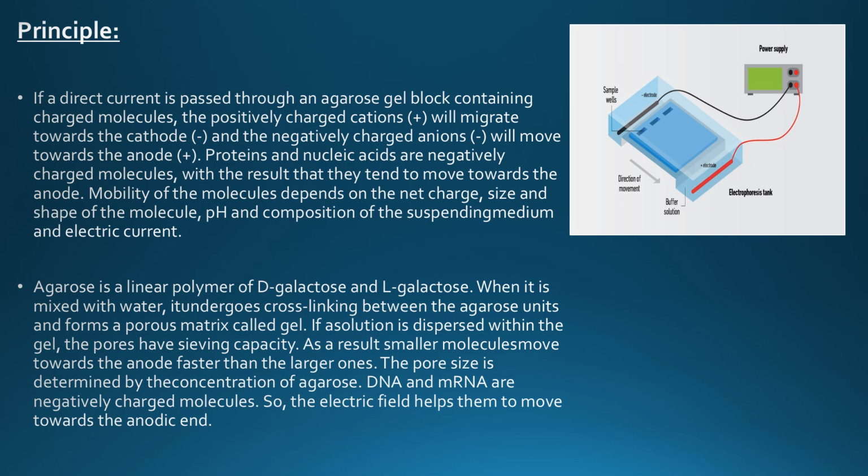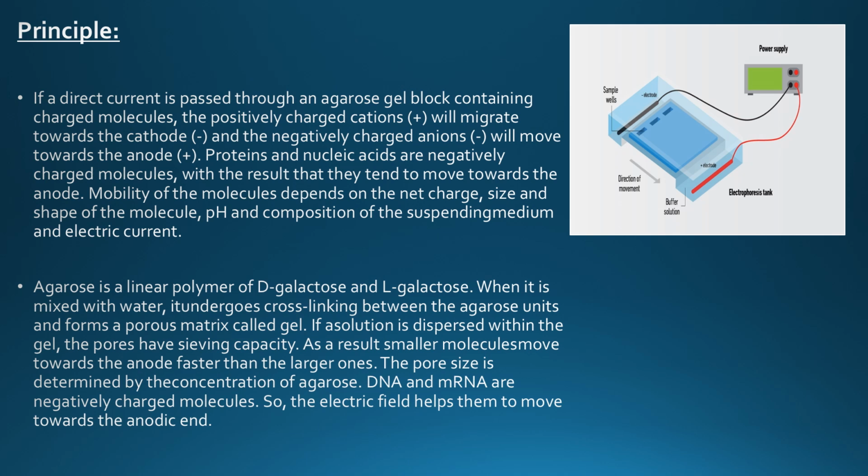Proteins and nucleic acids are negatively charged molecules, with the result that they tend to move towards the anode. Mobility of the molecules depends on the net charge, size and shape of the molecule, pH and composition of the suspending medium, and electric current.